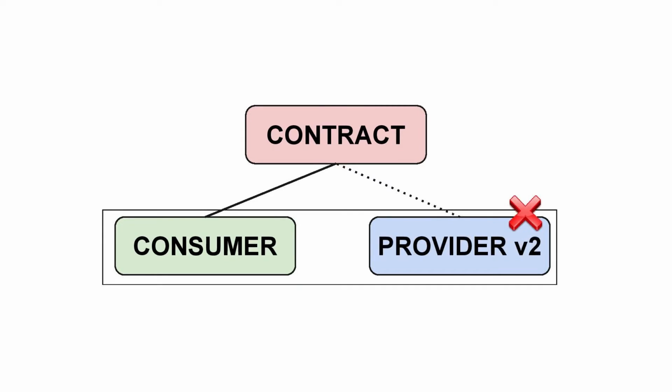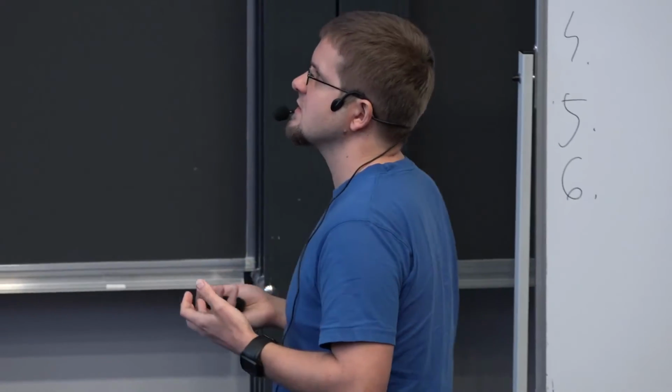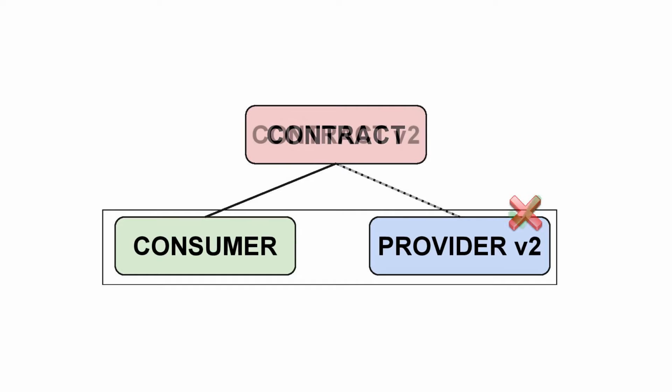The API team introduces a compatibility-breaking change, so automatically their test suite fails because it doesn't fit the contract anymore. But this change is very important. It's required. We have to do it. So the people in charge decide that the contract can be updated. From now on, our provider is fine.